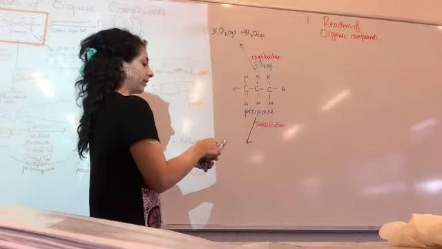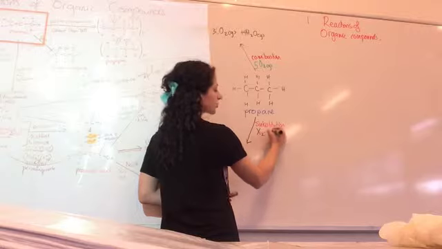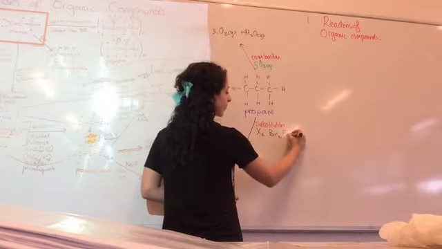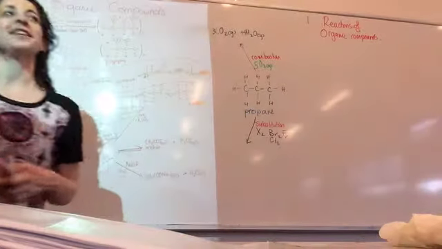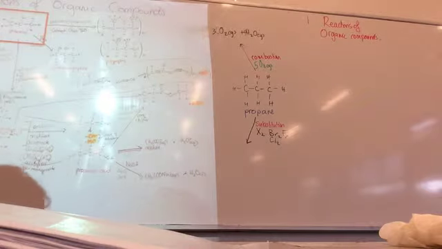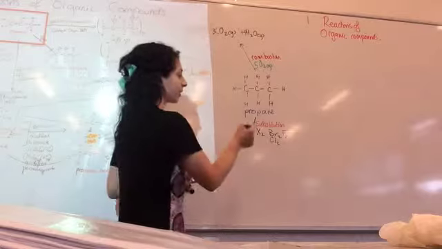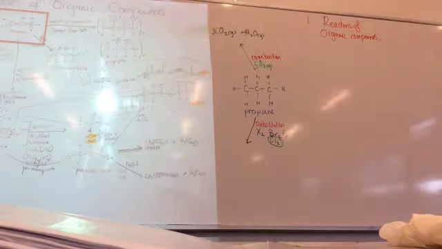We do X2 where X equals a halogen. So for example, bromine, fluorine, chlorine. Oh, I nearly said iodine, but I stopped myself, because iodine experimentally doesn't work. So guys, we're going to choose chlorine as an example.